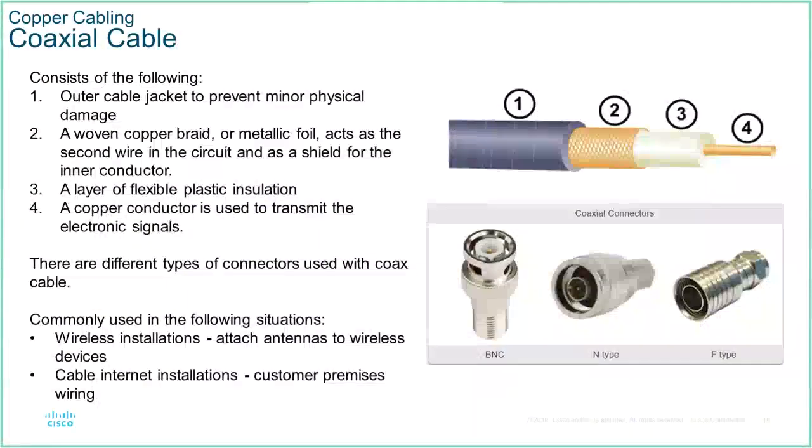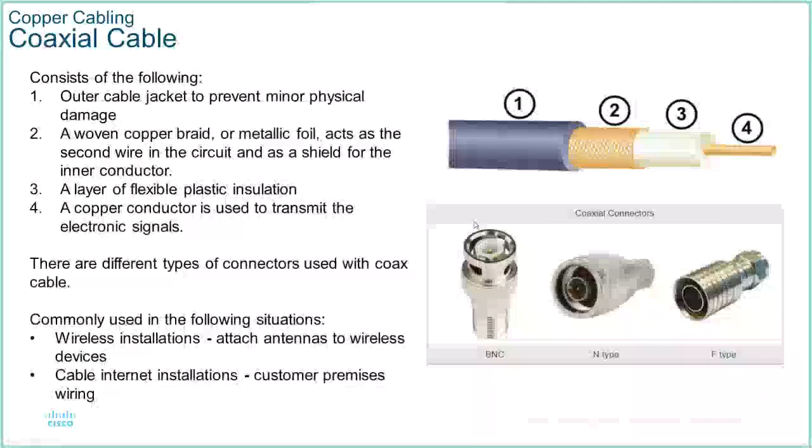Okay, coax cabling is slightly different. It's basically just one pair. What we do is we use the solid core as one wire and the braid as a second wire. Okay, and they're physically separated via the insulation, and then the outer coating provides mechanical protection.